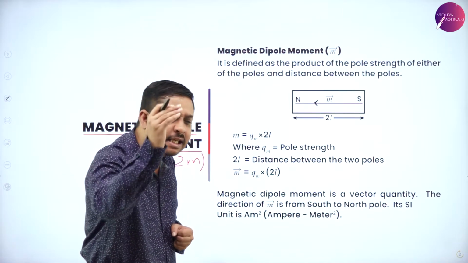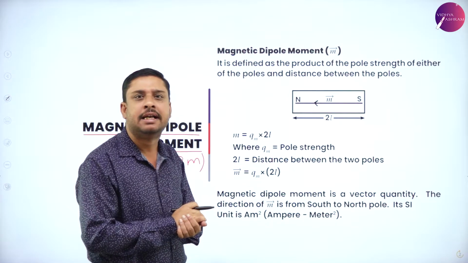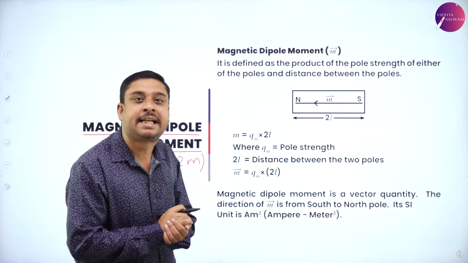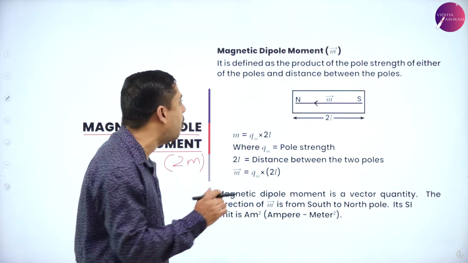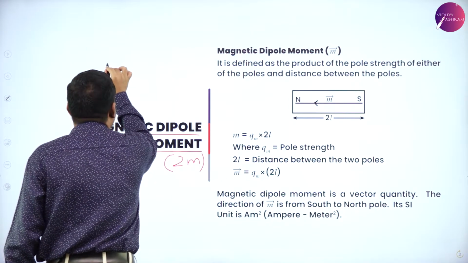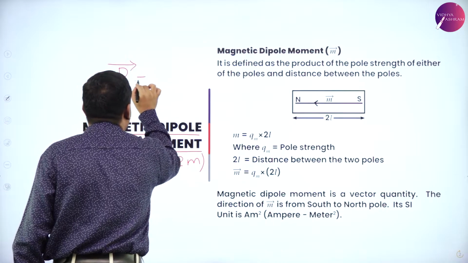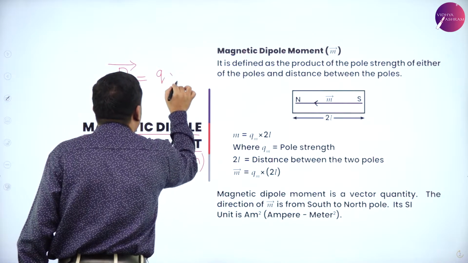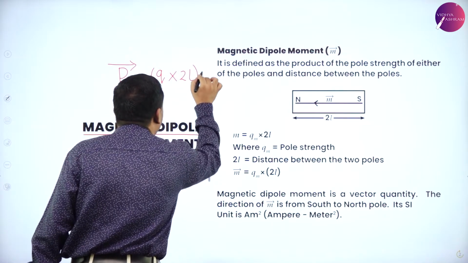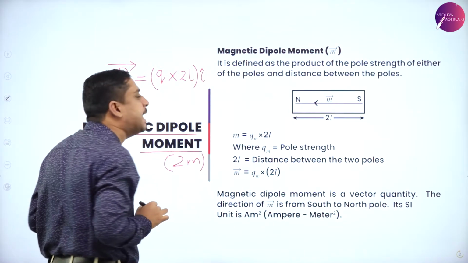Let us just recall the definition of electric dipole moment, which we represented as vector P, and we wrote as Q into 2L I cap.